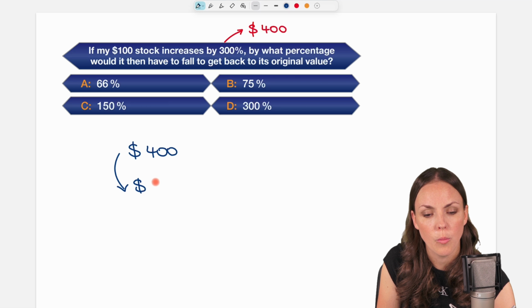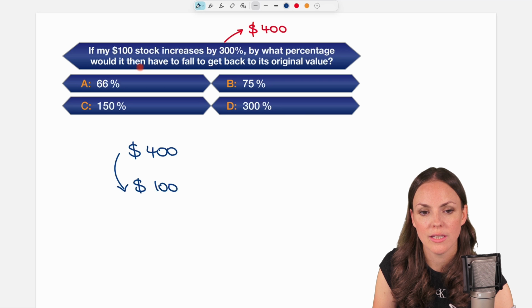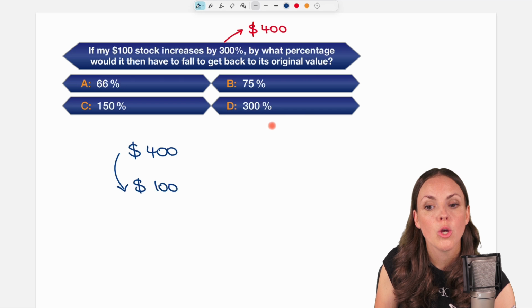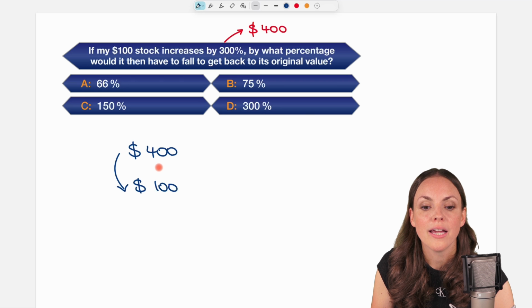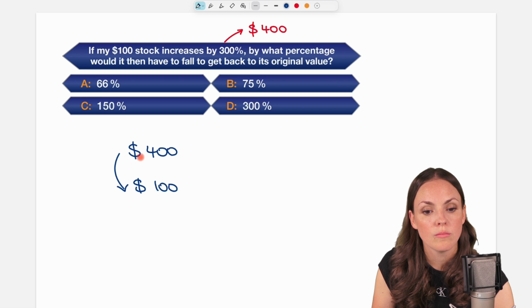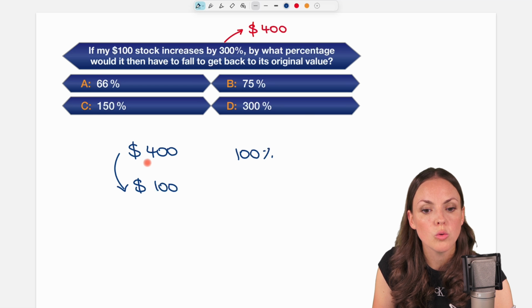So now I want to go back from the $400 to the $100. But the question was, by what percentage would it then have to fall to go back to its original value? So we have to take a look at percentages now. My $400 are now my new 100%, because this is my new starting value now.